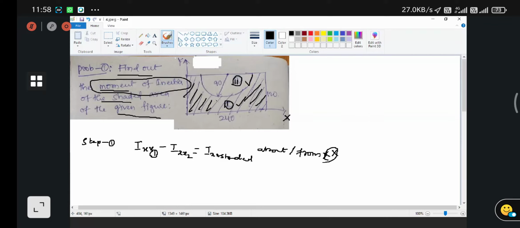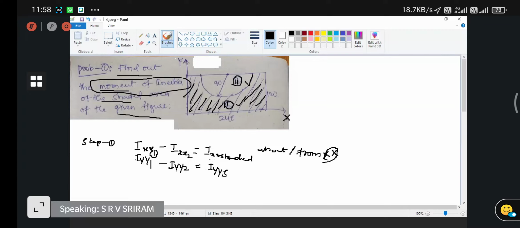In the same way, I will go for Iy1 minus Iy2, about the y axis, and then I get the moment of inertia of the shaded portion about the y axis. So these y and x are the base axes.